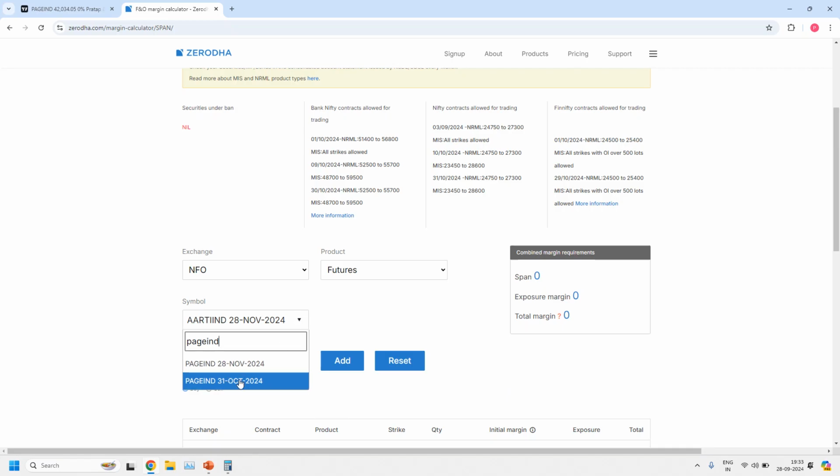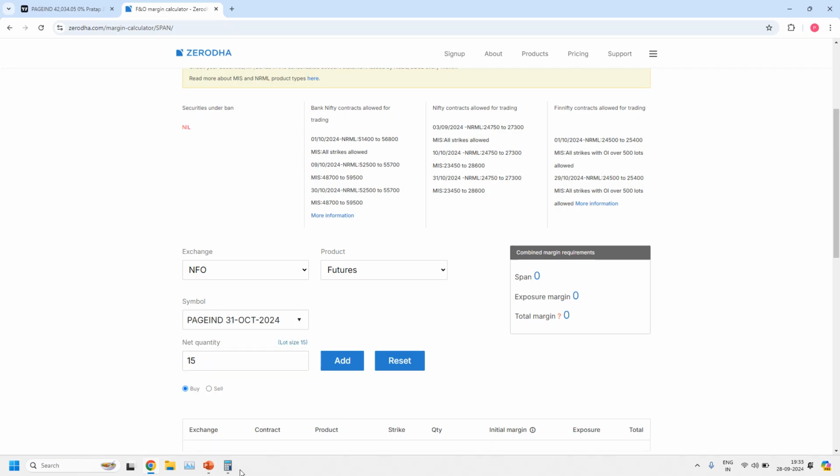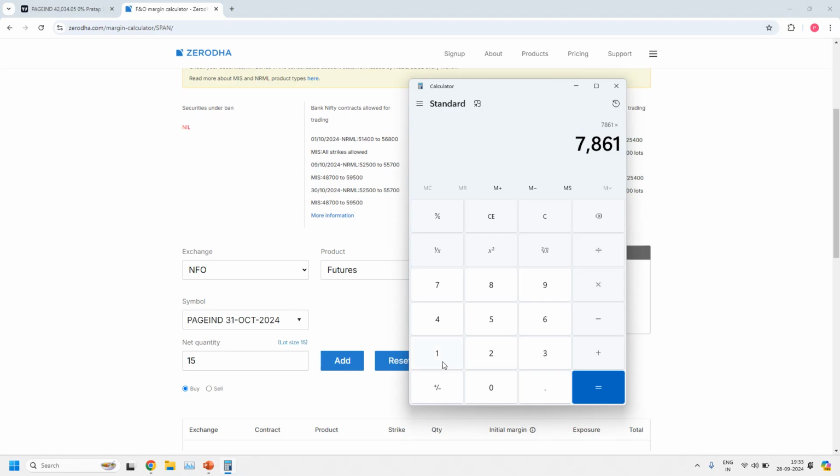Page Industries, so into 15. You would have got 1,17,915 rupees. That means close to 1,18,000 profit in a 3 month period.